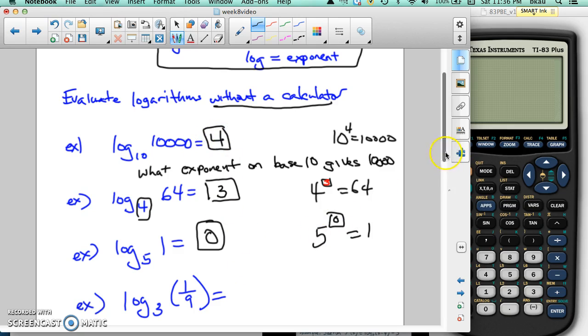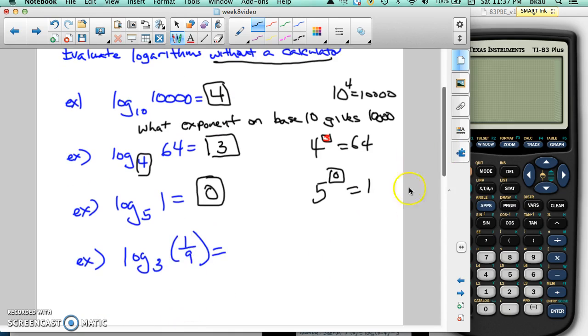On my last example, log base 3 of 1/9, what is that equal to? I'm looking at 3 to some power equals 1/9, so I need to make this a power of 3. 1/9 is 1 over 3 squared, which is 3 to the negative second power.